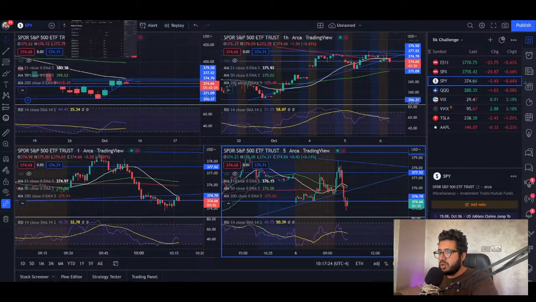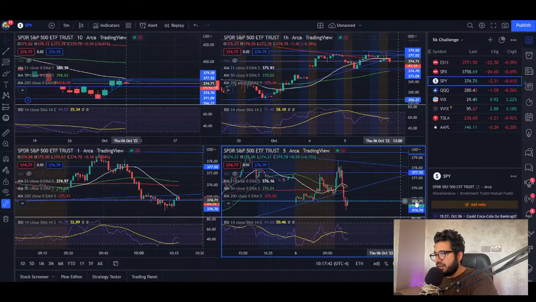Let's go. Nice. We're under the line. More death, please. Please and thank you. More death. Look at this big fight between the bears and the bulls. Come on.